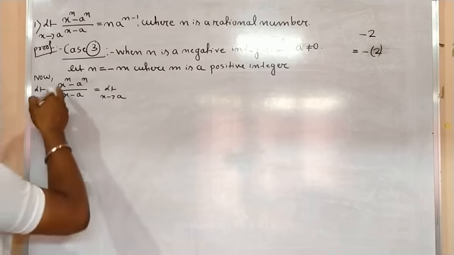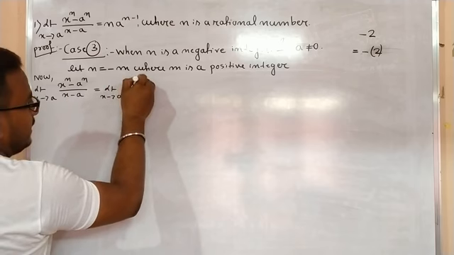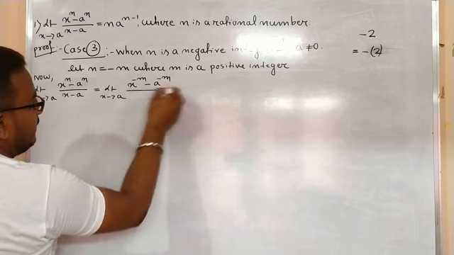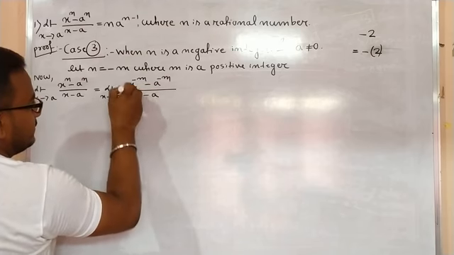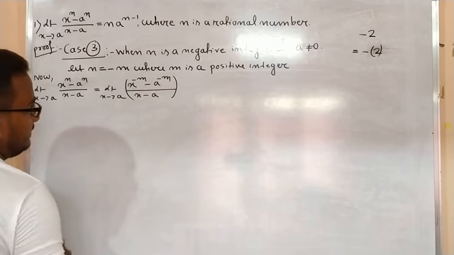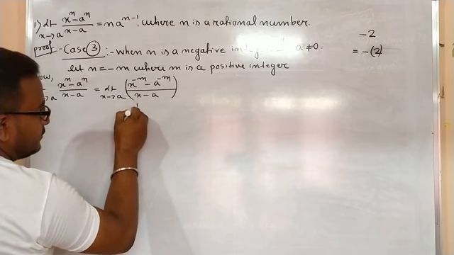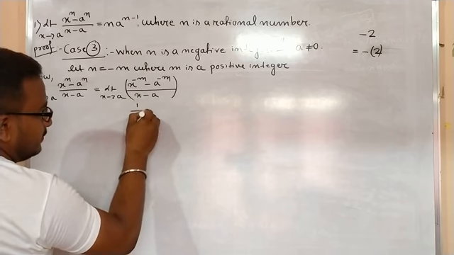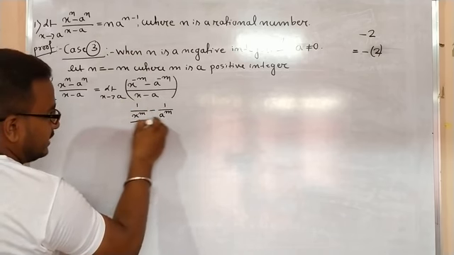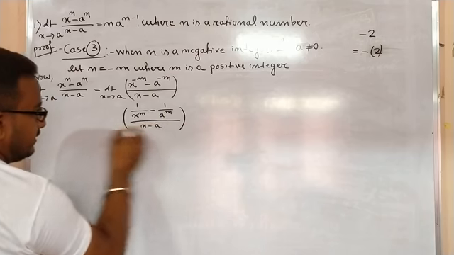Just now you have to put the value of n. So x to the power n is what? x to the power minus m, minus a to the power minus m, divided by x minus a, right? Now this can be written as 1 by x to the power m minus 1 by a to the power m, right? Whole thing divided by x minus a. To give the bracket, take the limit.